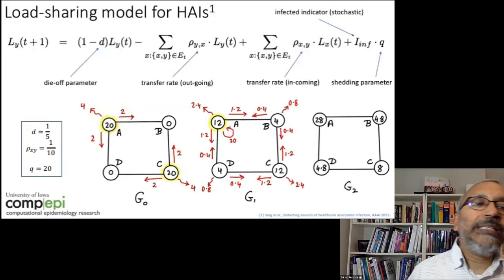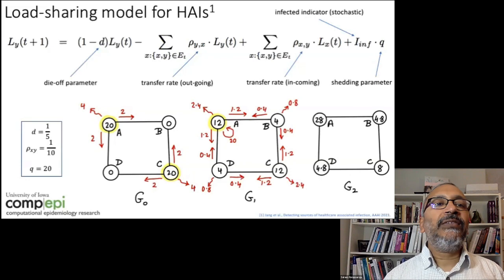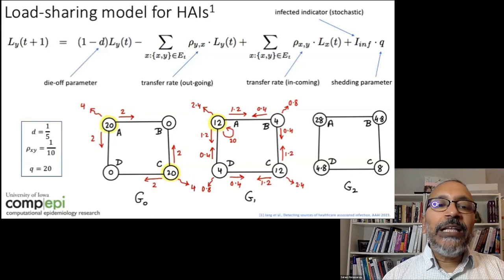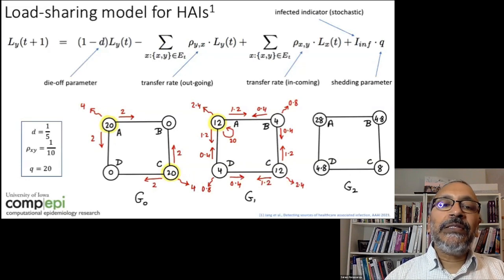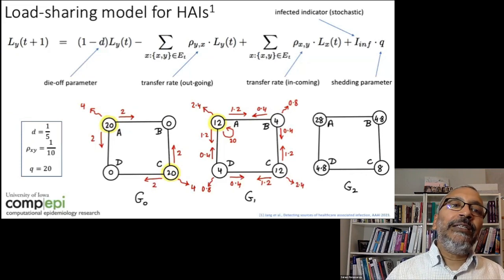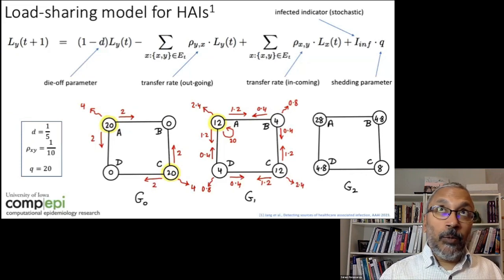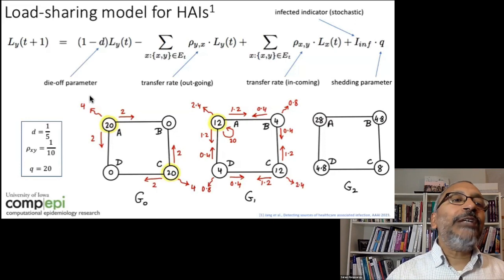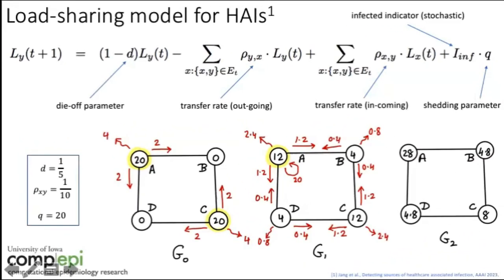Actually, there's one last thing I wanted to say before I move on to the next study. In work that involves Anil and some others, we've abstracted this particular model, which we are now calling the load sharing model, to more general contact networks. The equation at the top, which may be a bit hard to read, describes the load at an entity Y at time t plus 1 as a function of loads at time t.